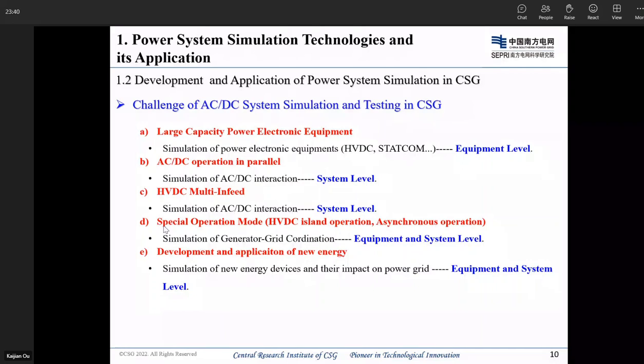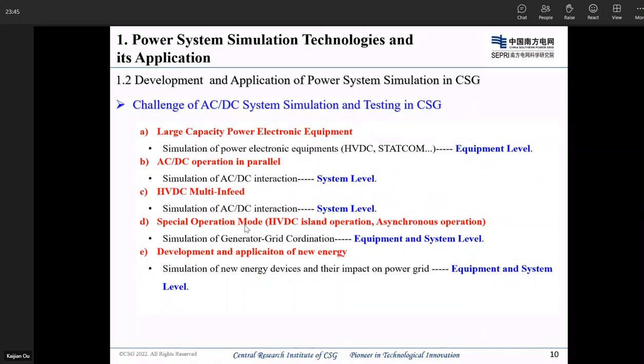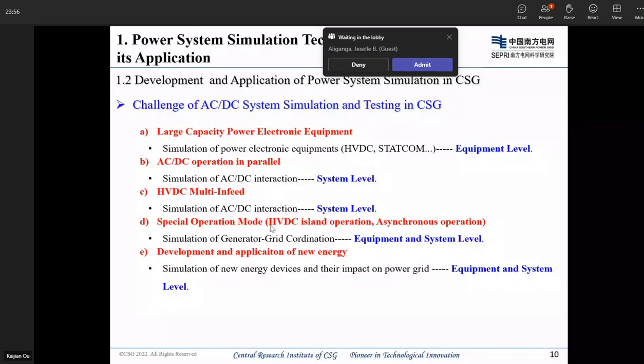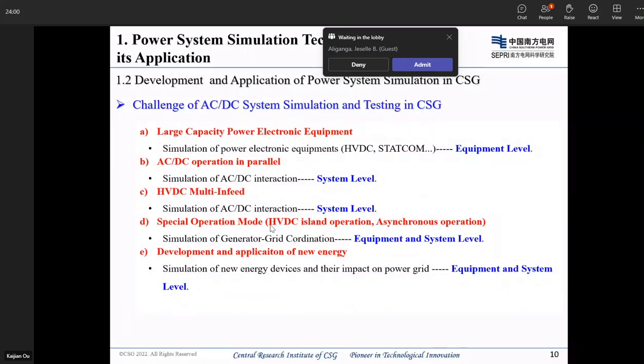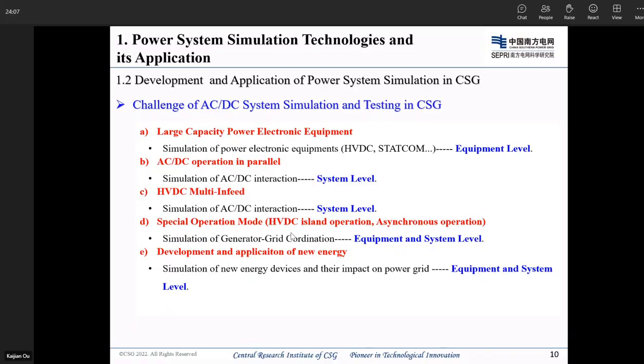Another challenge is the specific operation mode of HVDC, because in the Yunnan area the HVDC operates in island mode. And also Yunnan and Guangdong and the main CSG power system are connected by VSC HVDC.